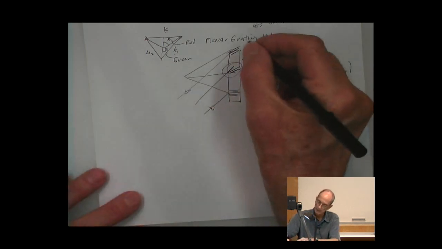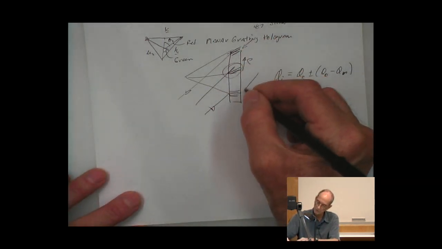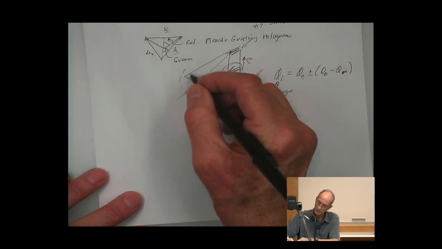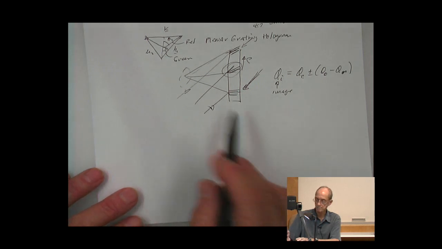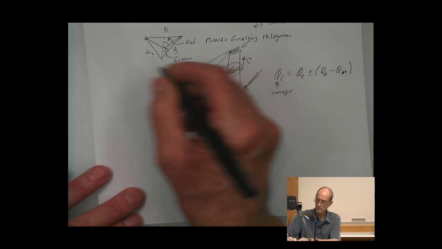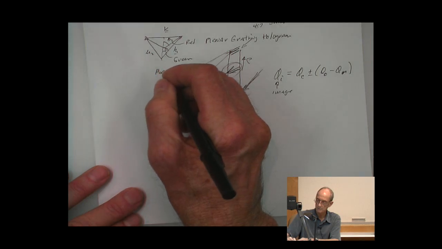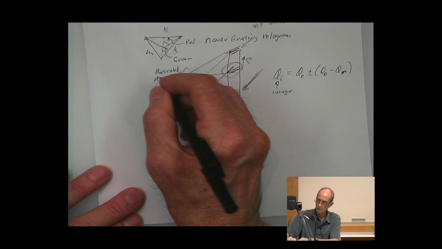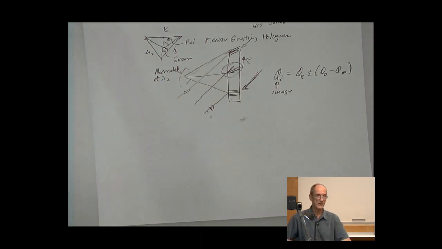And again, if we're reconstructing with the conjugate, it'll correspond to what this image is here. But in the case where we reconstruct this at a different wavelength, we may have a pretty aberrated image here, which is not going to be very helpful to us.